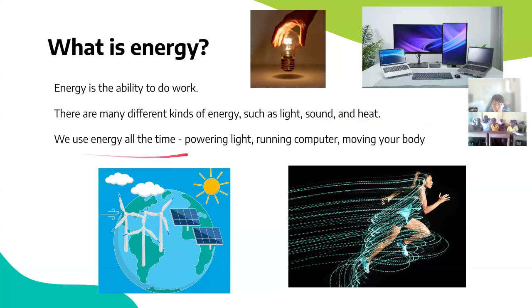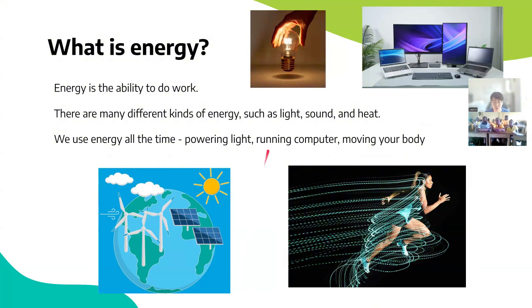And we use energy all the time. It powers our lights. It powers the computer that you are using and that I am using as well. And it also helps us move our body. So energy is really everywhere around the world.